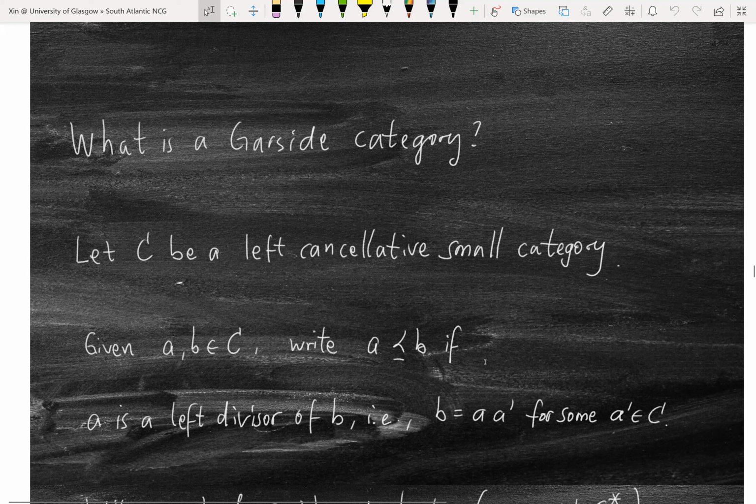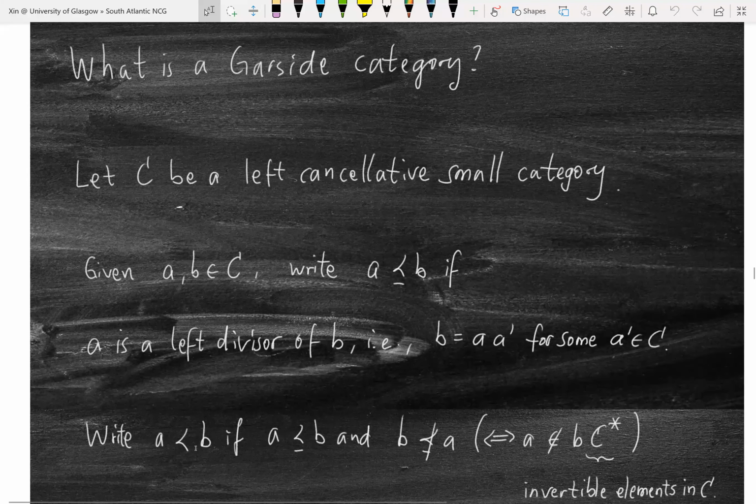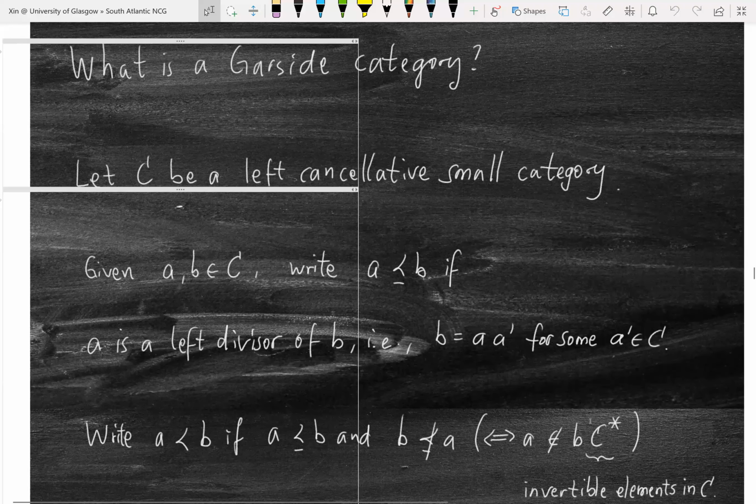And then you can also talk about strict divisors, where A divides B, but not the other way around. One way to say it is that A divides B, but A cannot be written as B times an invertible element. This is strict divisibility.